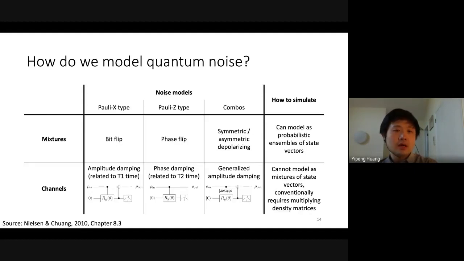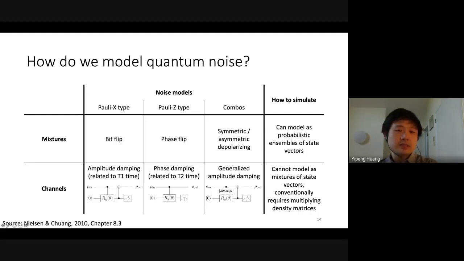For example, an amplitude damping gate is just like the bit flip gate in that it will change your quantum state in the X direction, but it's lopsided. What an amplitude damping gate would do is take a 1 state and move it down to a 0 state.